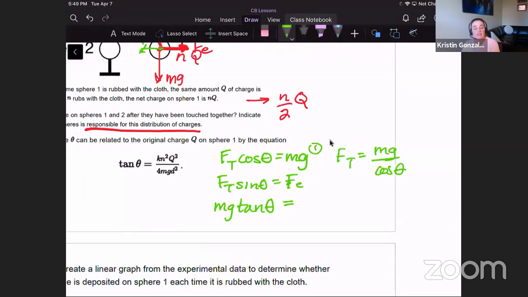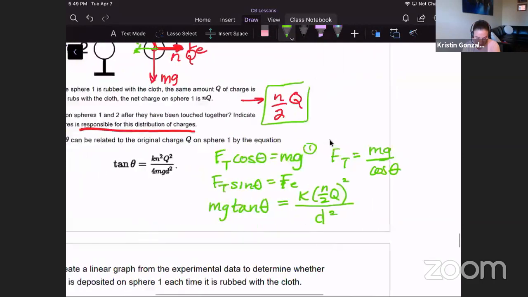equals, we know the electrostatic force, we learned that equation yesterday, Coulomb's law, is k Q1 times Q2, and each of those charges is n over 2 times Q. So really, it's n over 2 times Q squared, because they each have that same charge, divided by our distance squared.